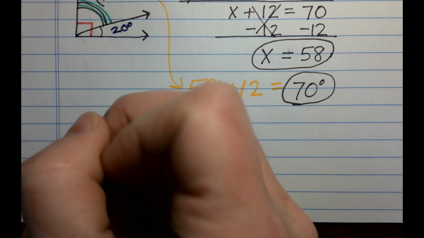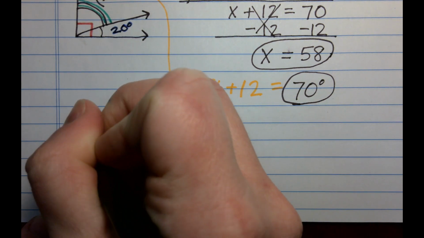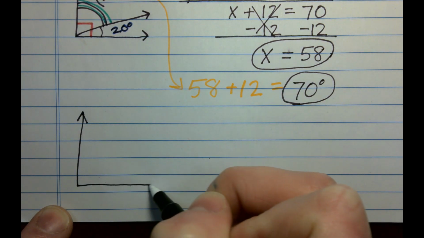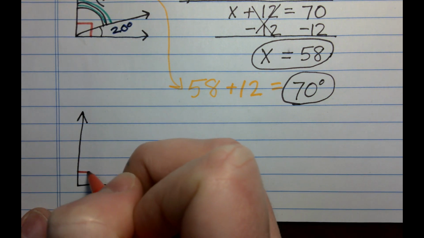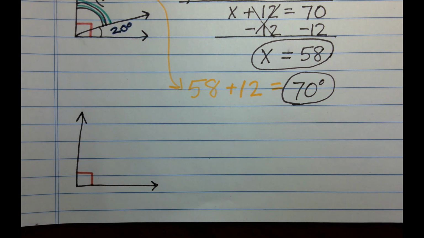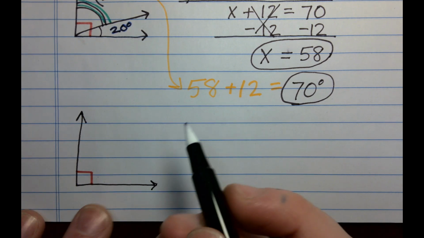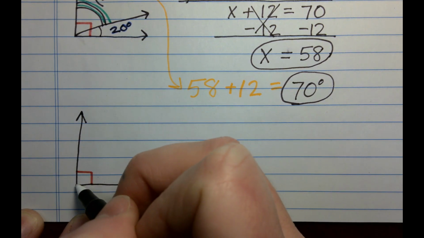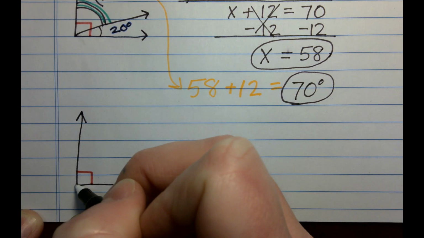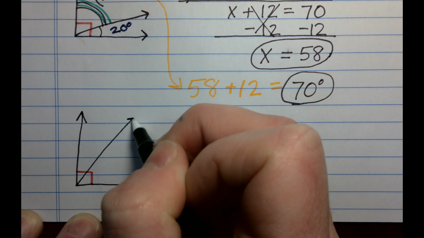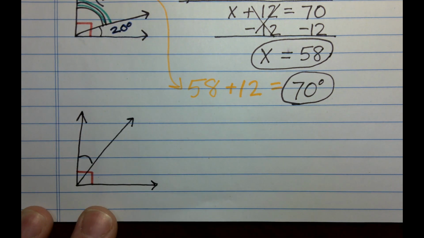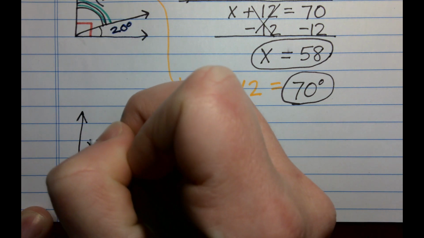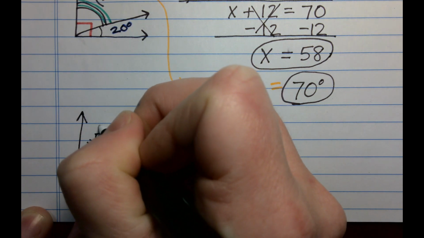So one more, let's do another 90-degree angle. Draw my box. Say my slightly smaller angle is 40 degrees.